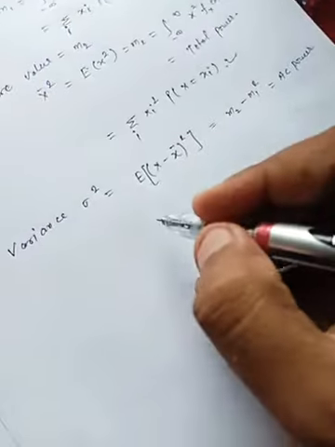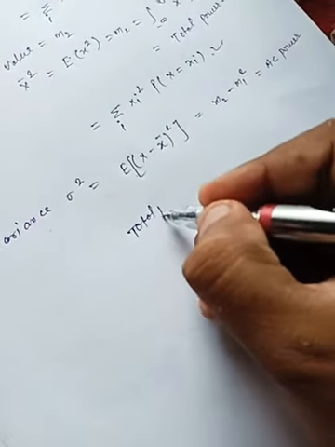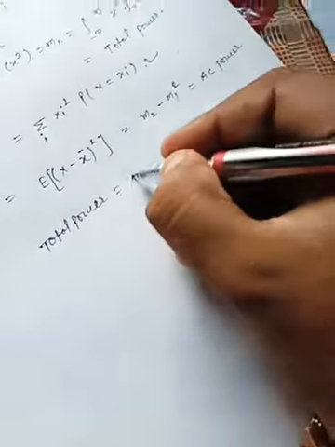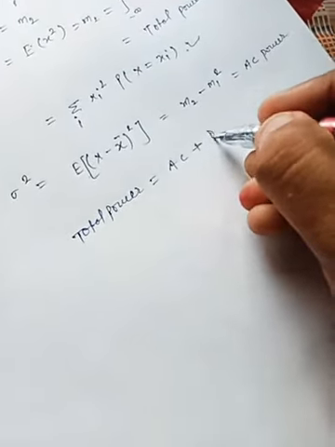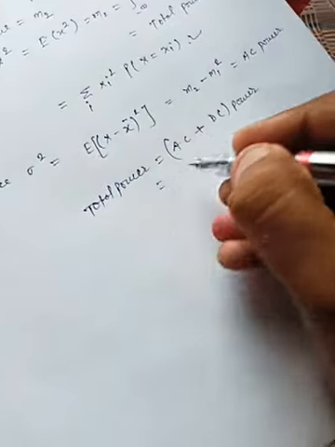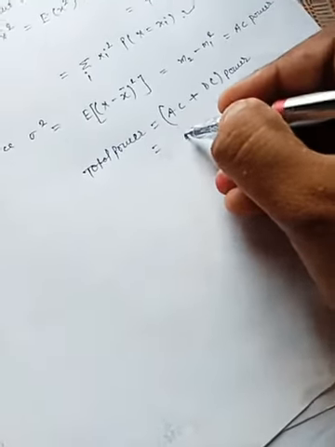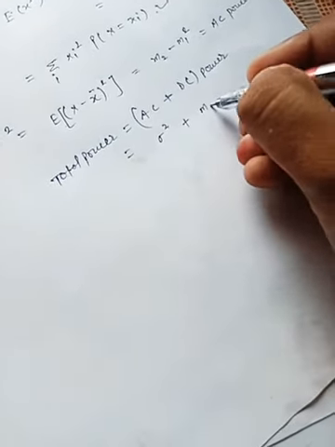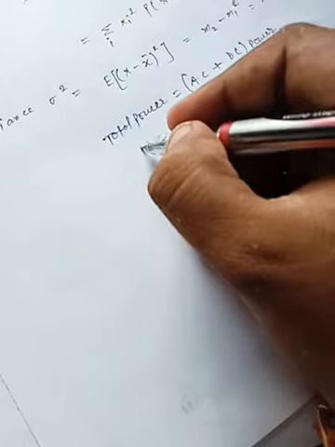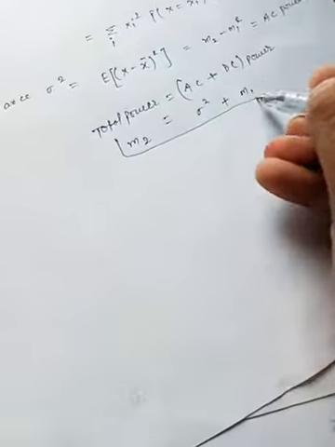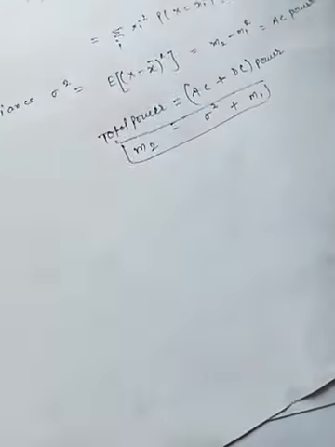That means total power is equal to AC power plus DC power. AC power is sigma square, plus DC power m1 square. That means m2 equals sigma square plus m1 square.